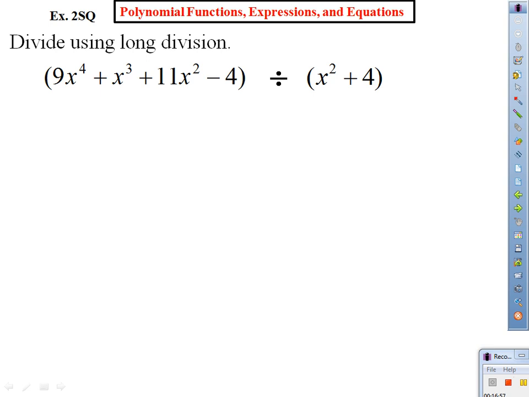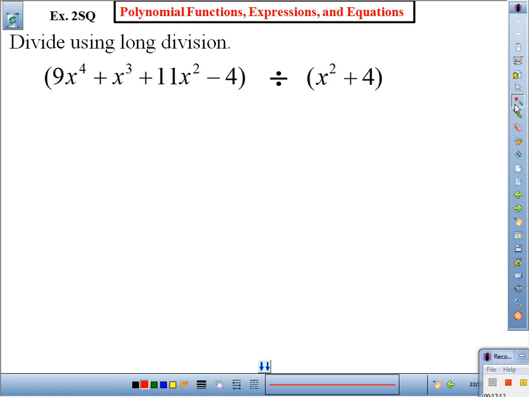Example 2 super cube. 9x to the 4th plus x cubed plus 11x squared minus 4 divided by x squared plus 4. All right, some of you already set it up.